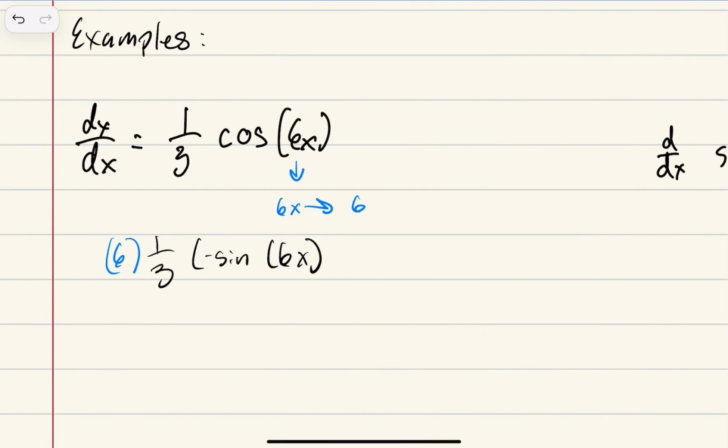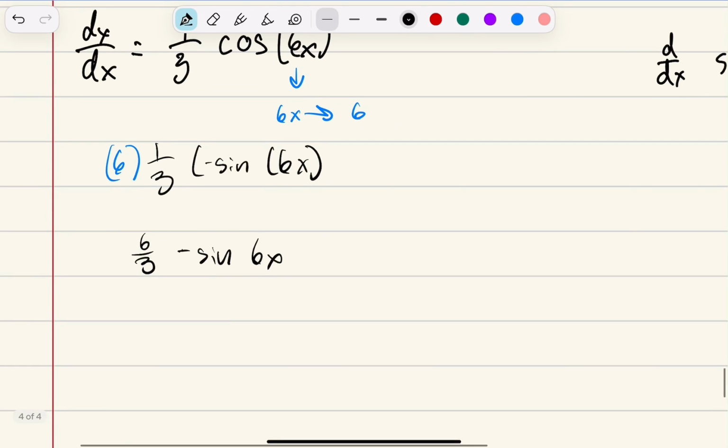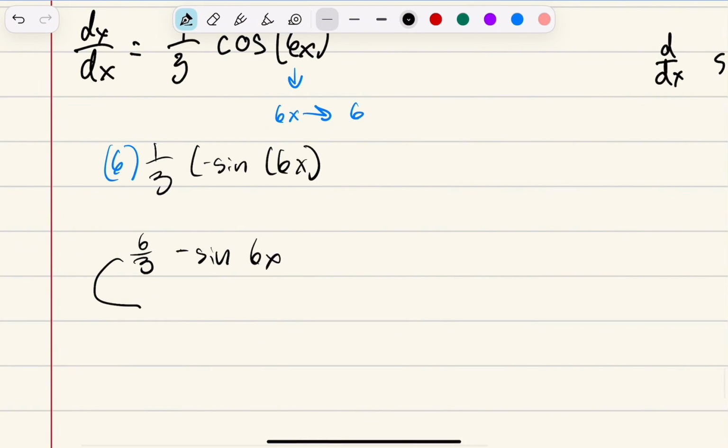So here's the 6, right here's the prime. We multiply that, we get 6/3 negative sine 6x, and then that turns into 2. So that turns into -2 sine of 6x. Super simple. I love it.